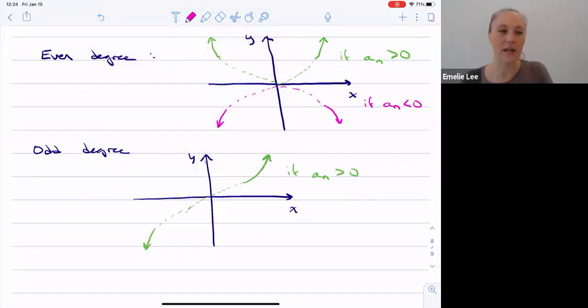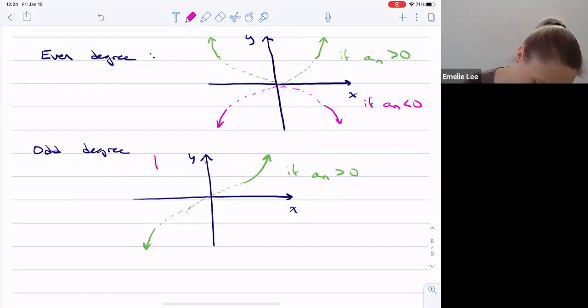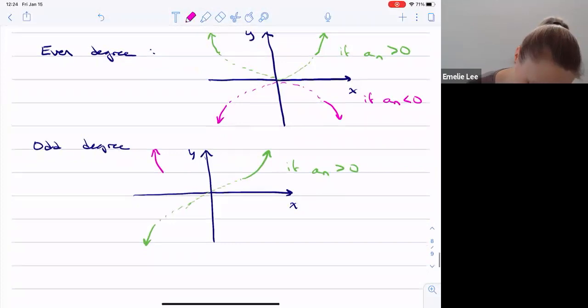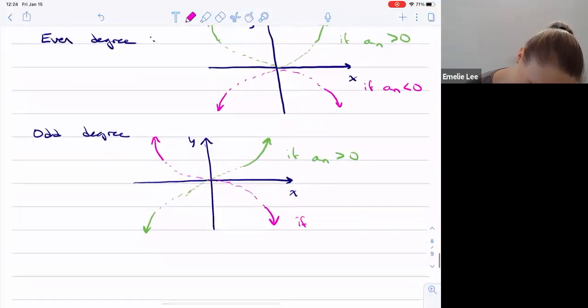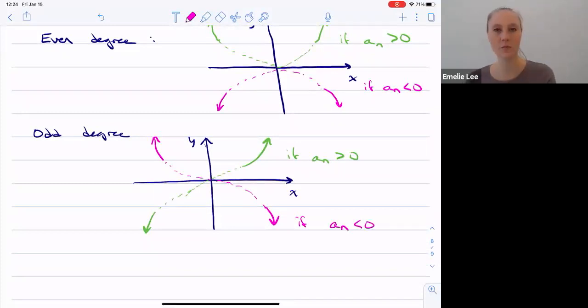And then if the coefficient is negative, then it switches and it's going up on the negative x's and kind of down on the positive x's if a subscript n is less than 0. So it just depends. Okay.